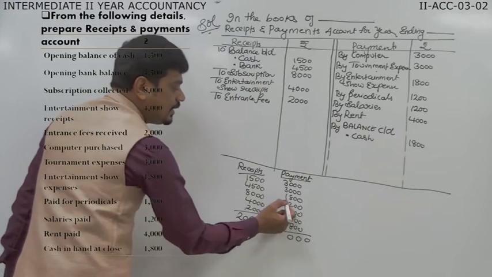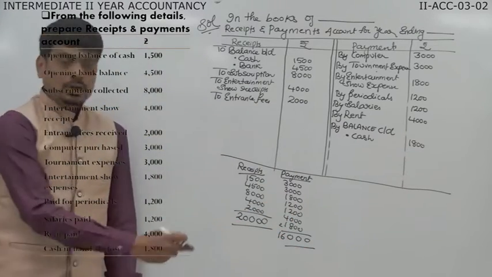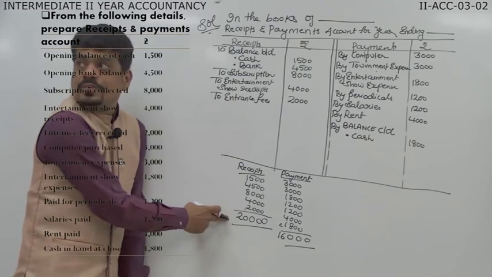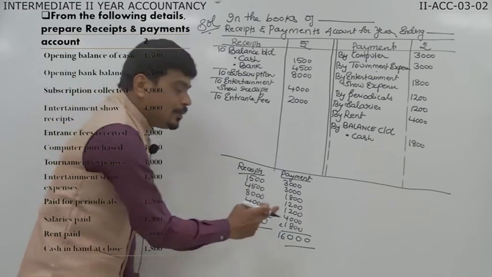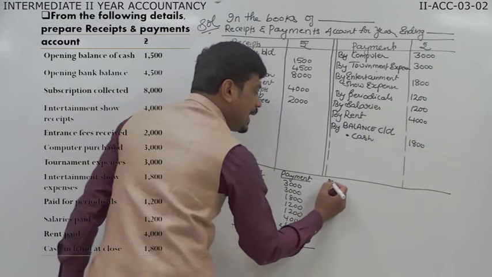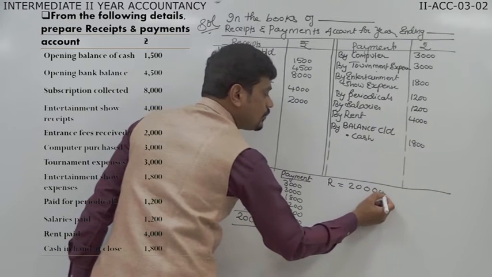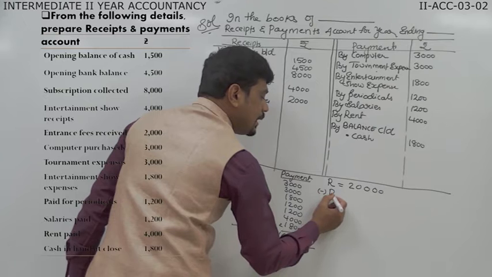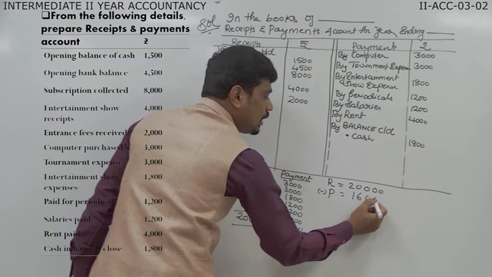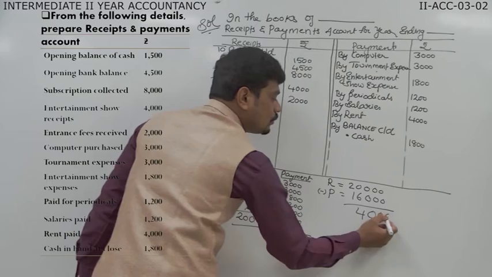Then 3, 7, 8, 9, 10, 10 plus 6, 16. It means that out of 20,000 worth of receipts, we made payments of 16,000. So we'll see the balance now. Receipts are 20,000 minus payments 16,000. If we do the difference, we get 4,000.